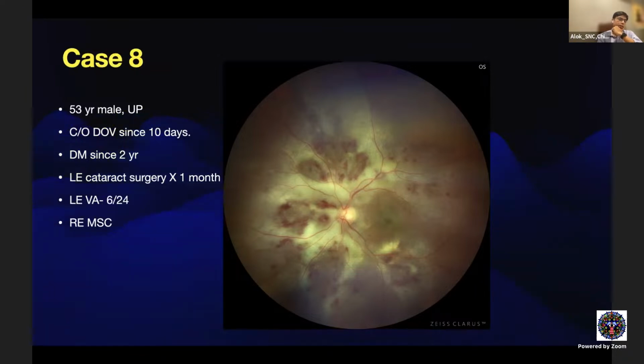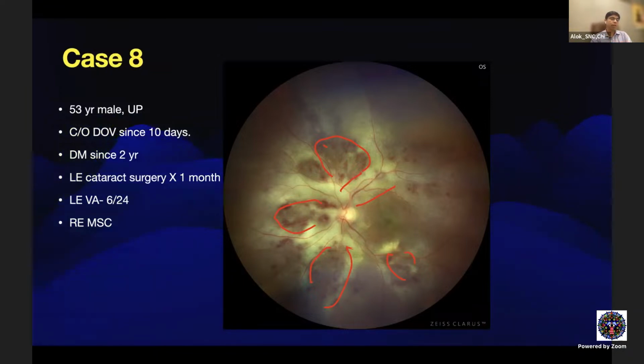What you see is these granular yellow lesions along the vessels in both the eyes, with a center which had a lot of hemorrhages. And see in all the 4 quadrants, you had this picture of deep yellow lesions with central sparing and hemorrhages in the center.